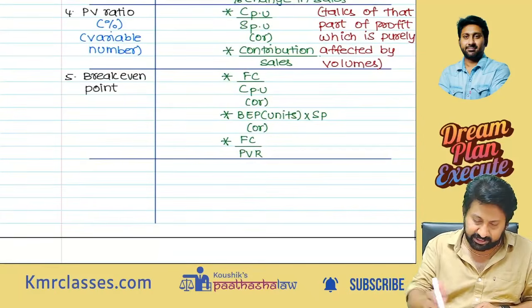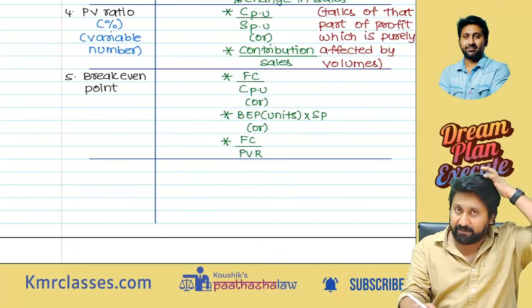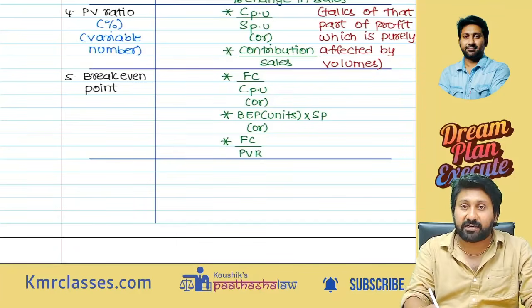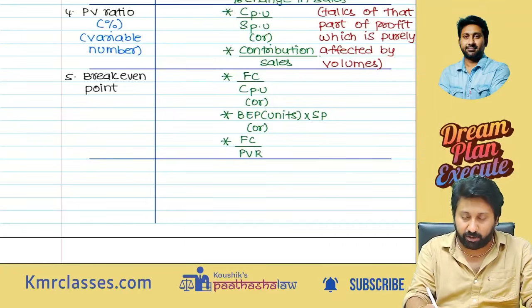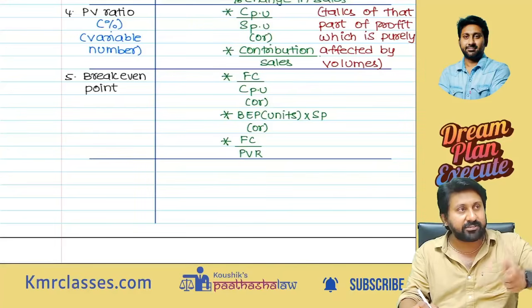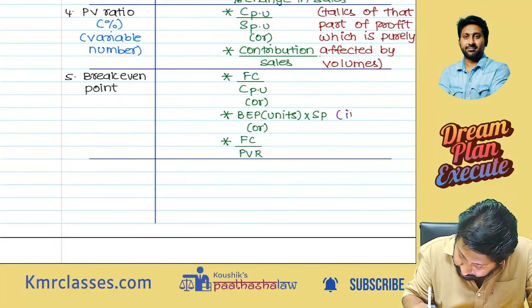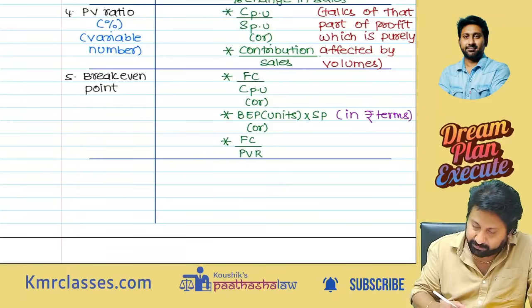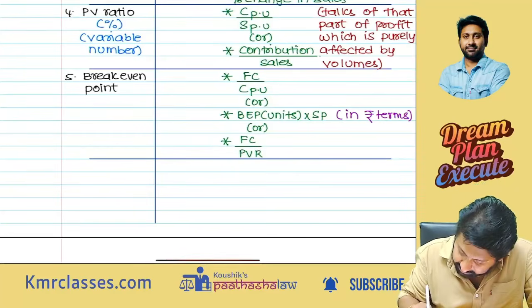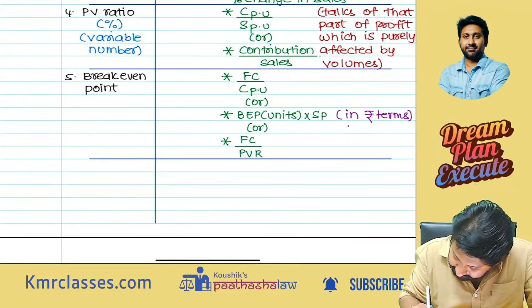Okay, so next, break even point. What is the formula? Total fixed cost divided by contribution per unit. Or you will get the first one, BEP units into sale price. If you do this, the answer will be in rupee terms.